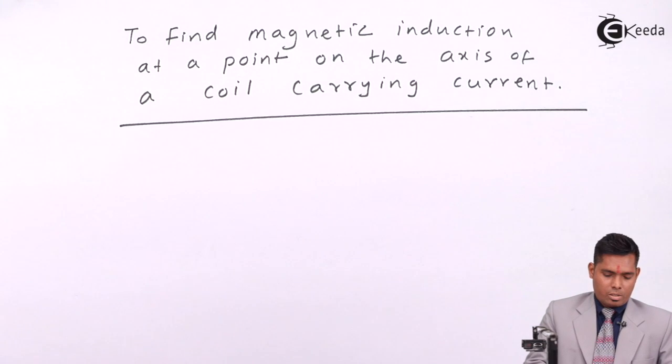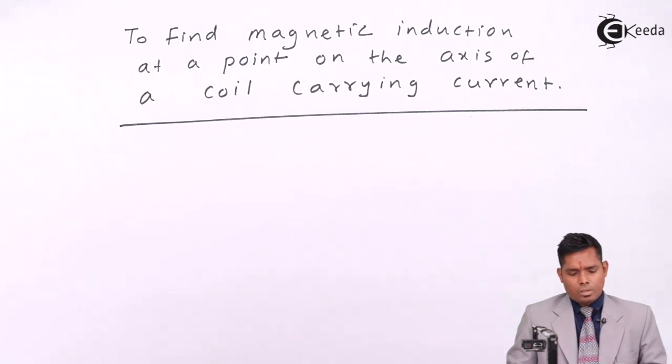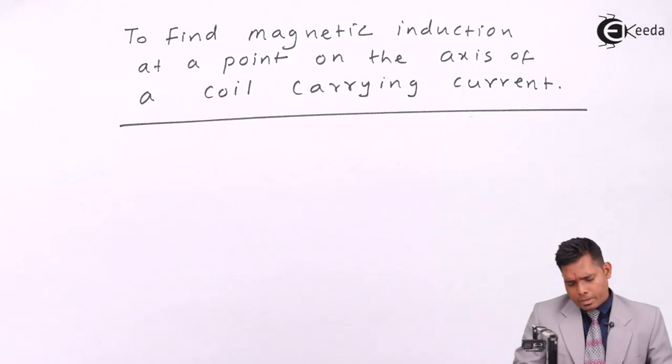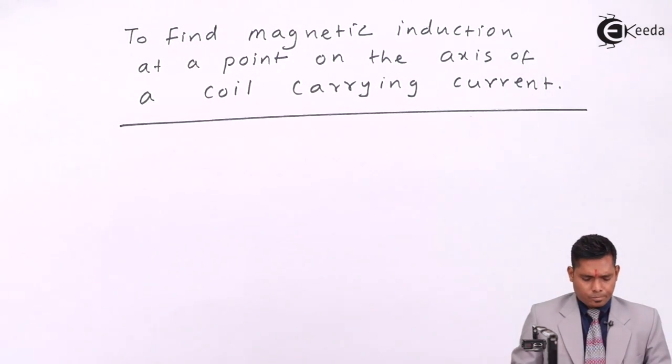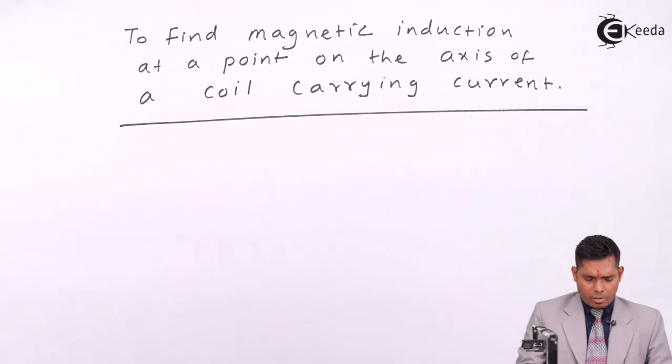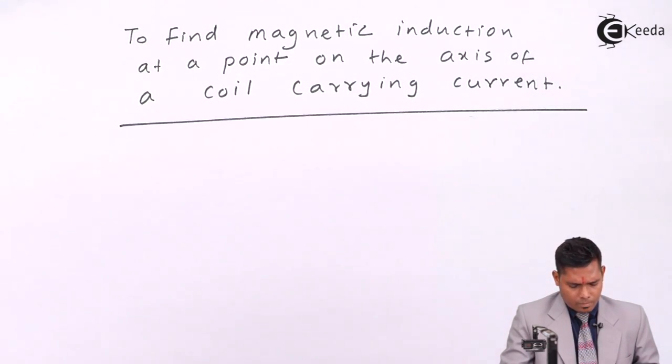You can see now, this r vector and dl vector are perpendicular to each other. Whenever you choose the element, the dl is like this, and this r is like this, it will always be 90 degrees.